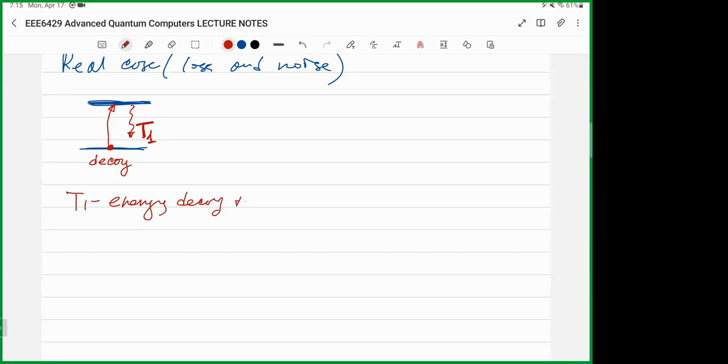Energy decay time. Like if you have a pendulum, you swing the pendulum, it oscillates, but after some number of oscillations, it decays. So it almost doesn't oscillate, and this is the energy decay time. So this is the T1.